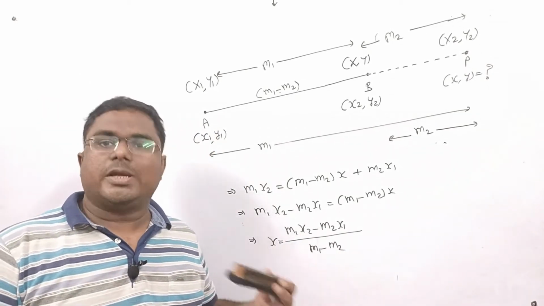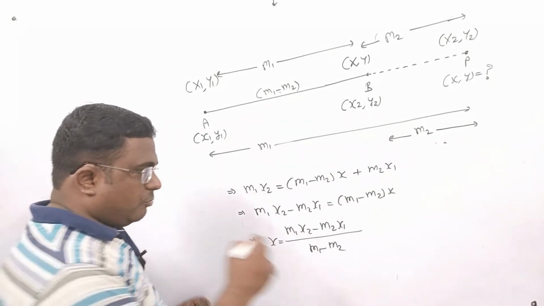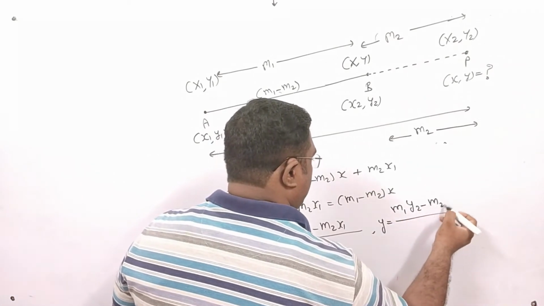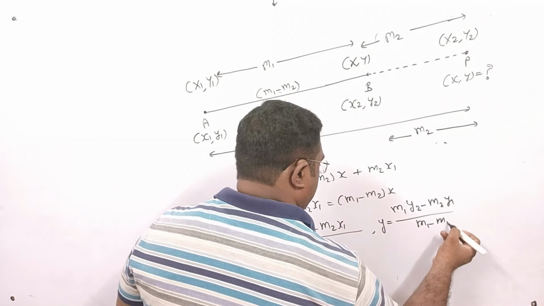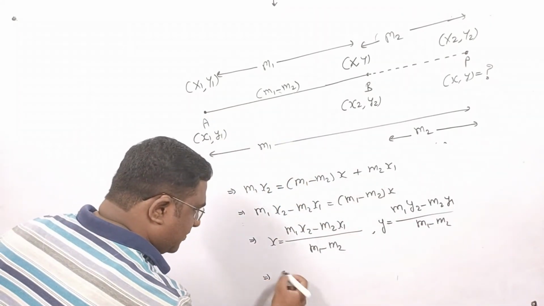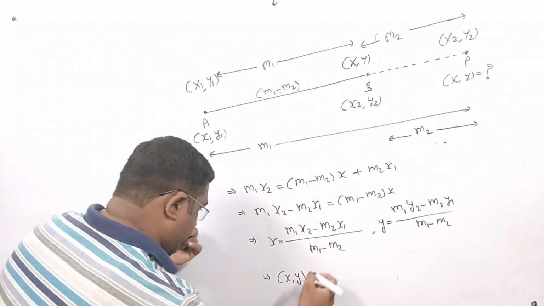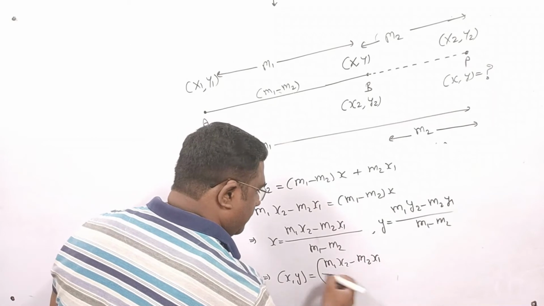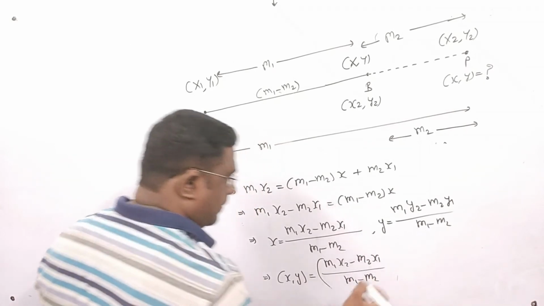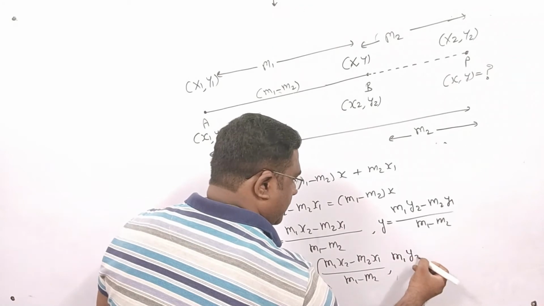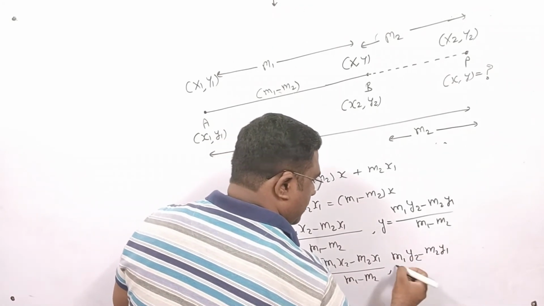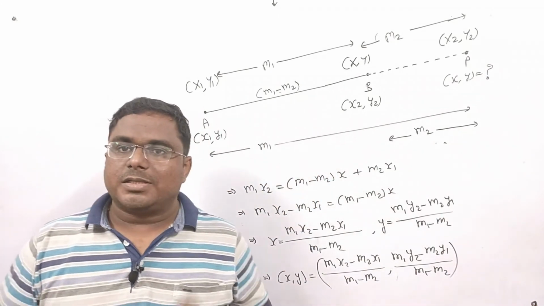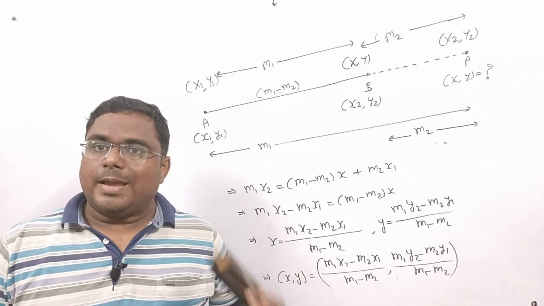In the same way, if you do the calculations with ordinates, you will get y is equal to (m1 y2 minus m2 y1) upon (m1 minus m2). If I combine these two values, I can write (x, y) is equal to (m1 x2 minus m2 x1) upon (m1 minus m2), and (m1 y2 minus m2 y1) upon (m1 minus m2). So we have obtained the section formula for external division.